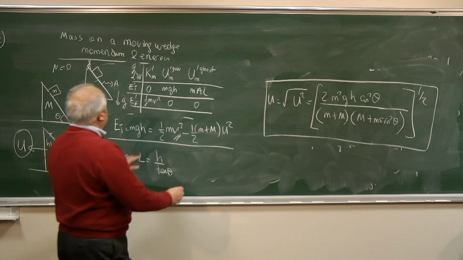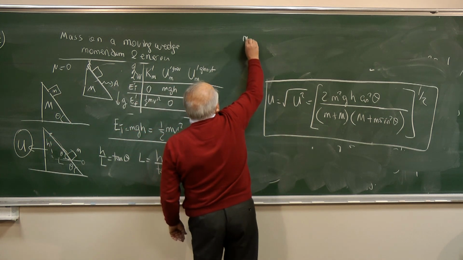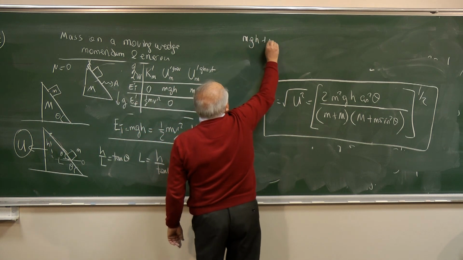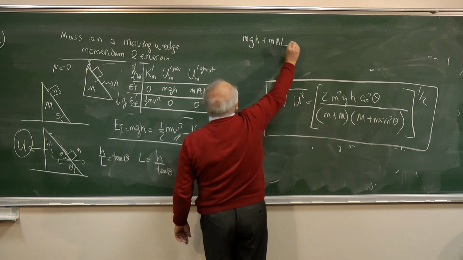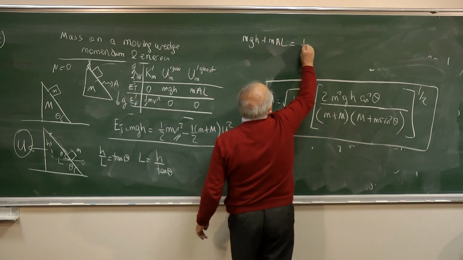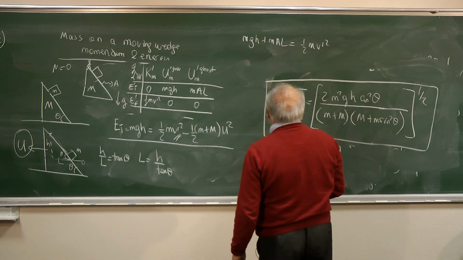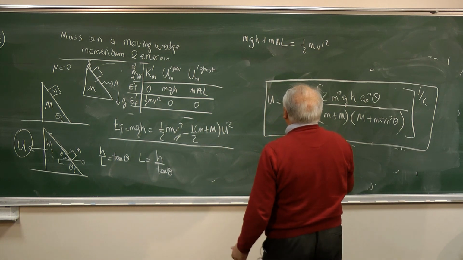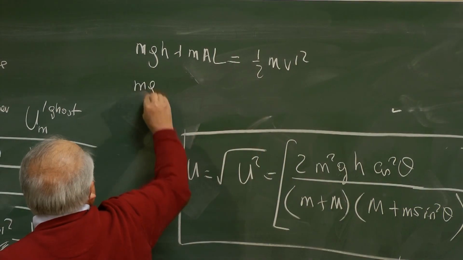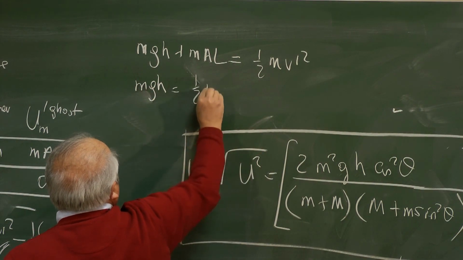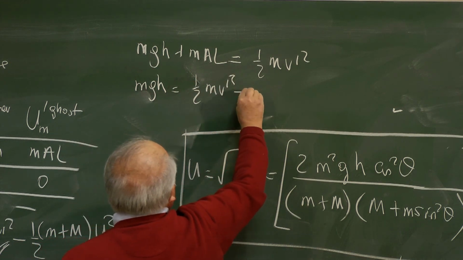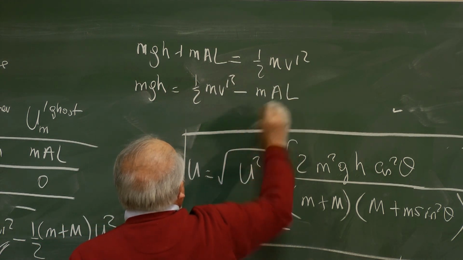Okay? So we will write mgh plus mal is equal to 1/2 mv prime square. And mgh is equal to 1/2 mv prime square minus mal.